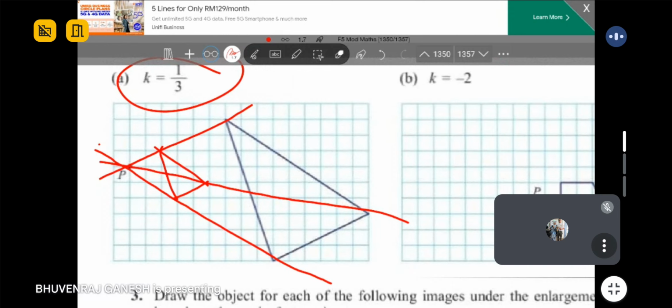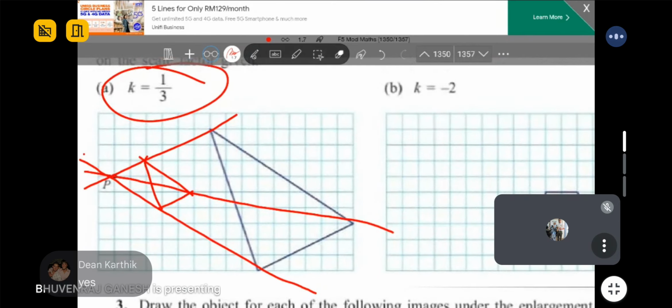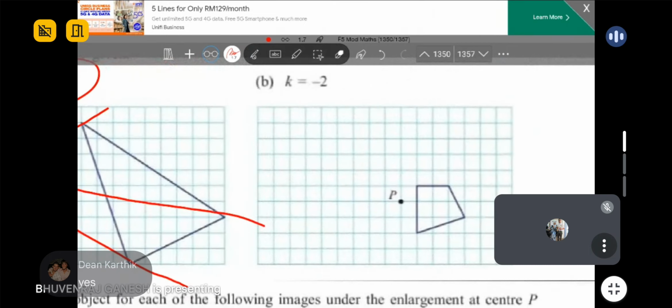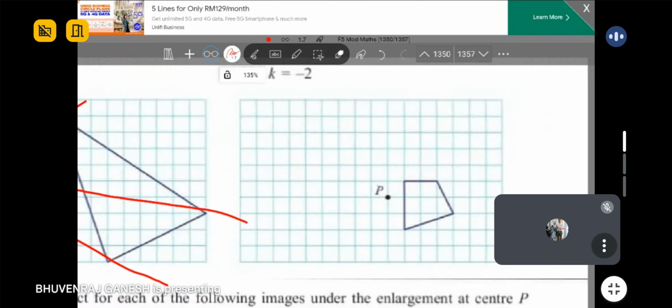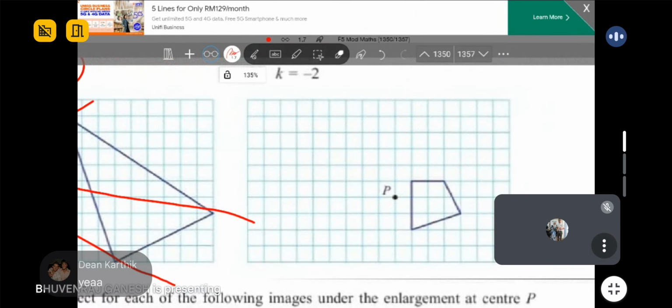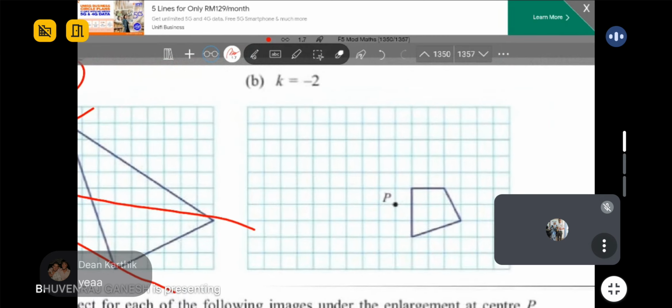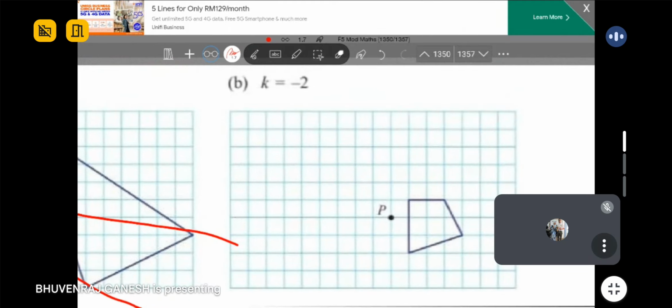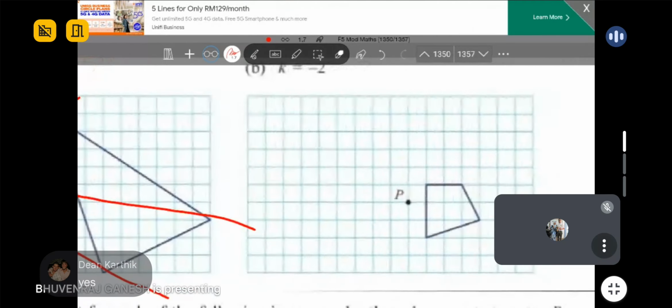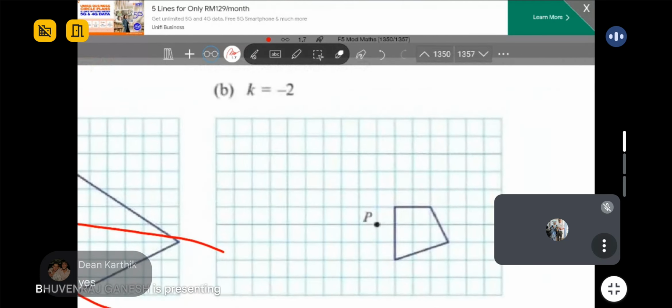Maybe I try and see for the future one, combined transformation. Maybe I'm not so used to it. That's why. Usually I like to draw on the paper, but I cannot show the paper to you all. Am I right? It must be on the screen only. So yeah. Okay. So for question B, K is -2.